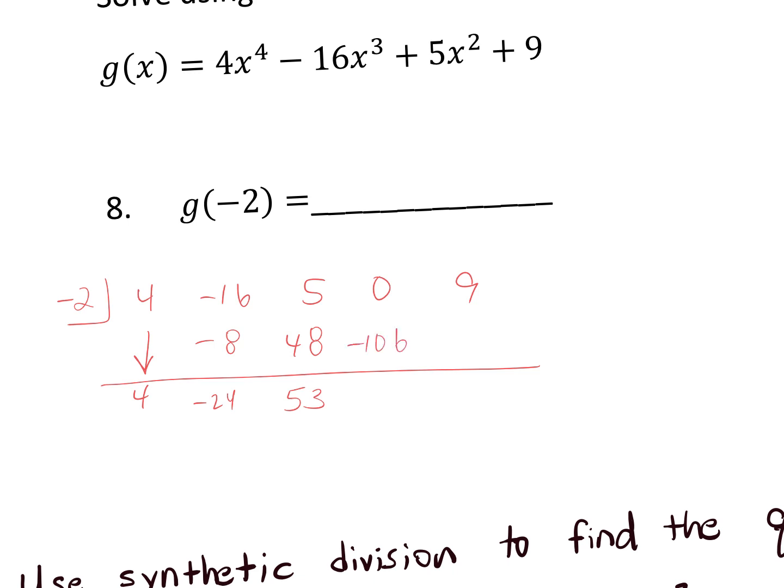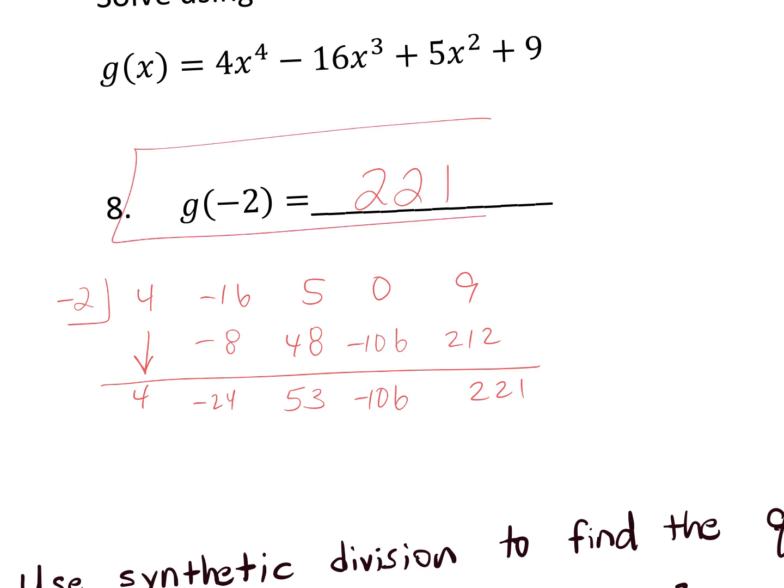And then negative 106 and 0 is negative 106. What's negative 106 and a negative 2? 212. And then what's 9 plus 212? 221. So your answer here, you would write g of negative 2. It's already written there for you. But g of negative 2 equals 221. When it says use the remainder theorem, the only thing that matters is the remainder.